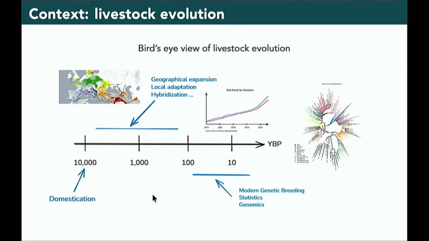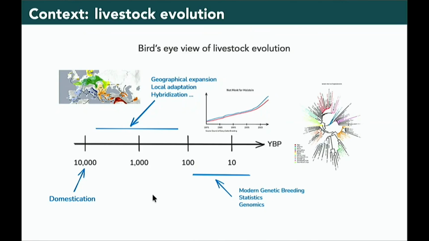All these little tips on the trees are different breeds, different populations bred throughout the world. They all originate from one population of Capra aegagrus in what is now Iran, Syria and Anatolia, and they spread out.